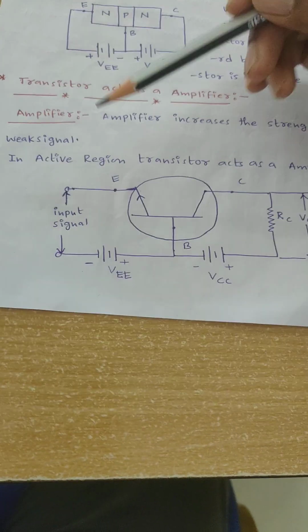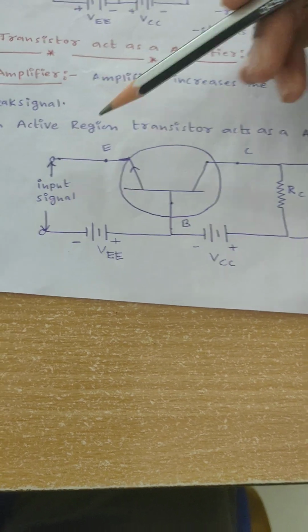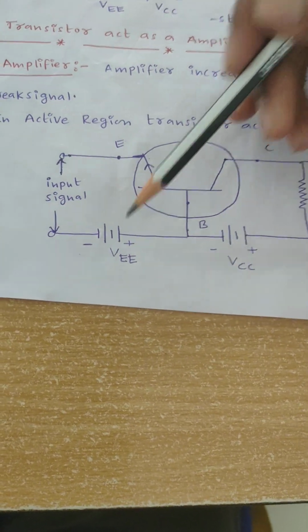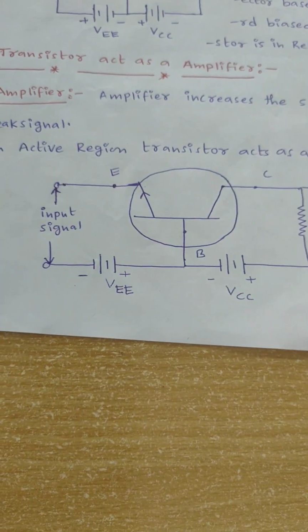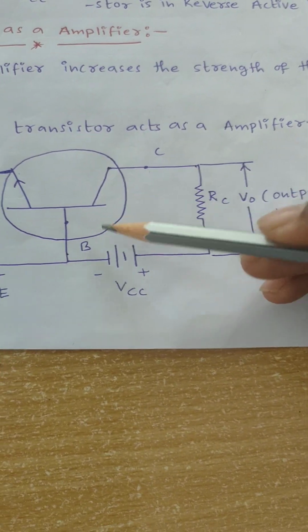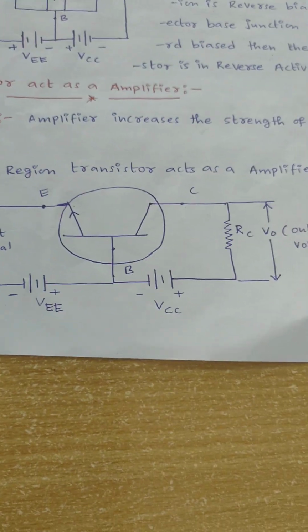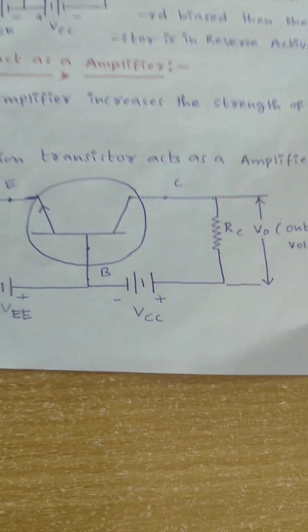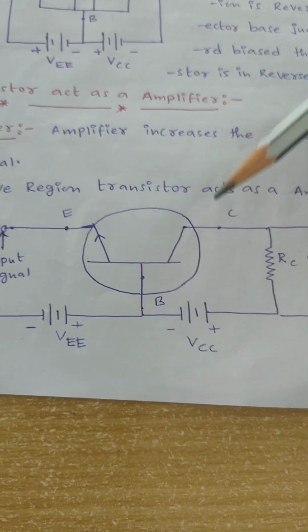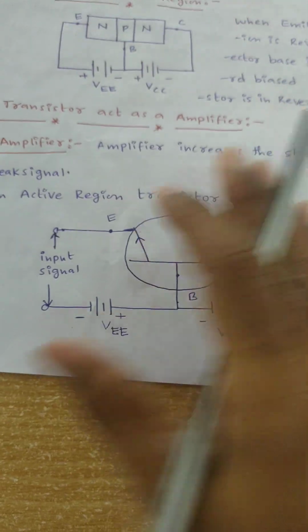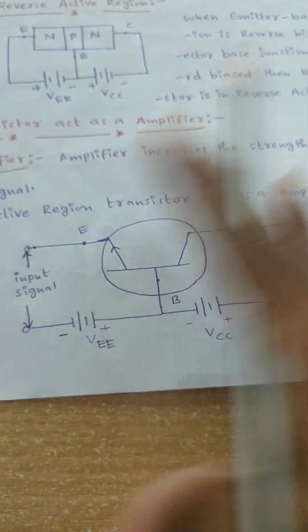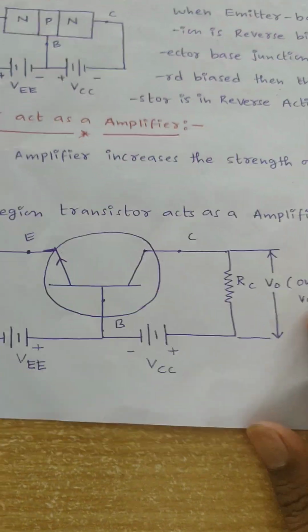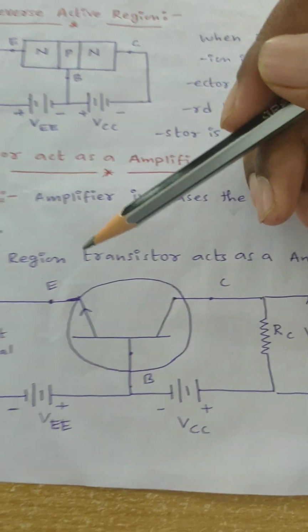In this configuration, the emitter base junction is in forward bias and the collector base junction is in reverse bias, so the transistor operates in the active region, where it acts as an amplifier.